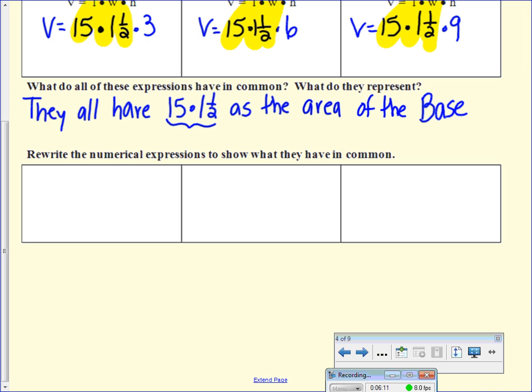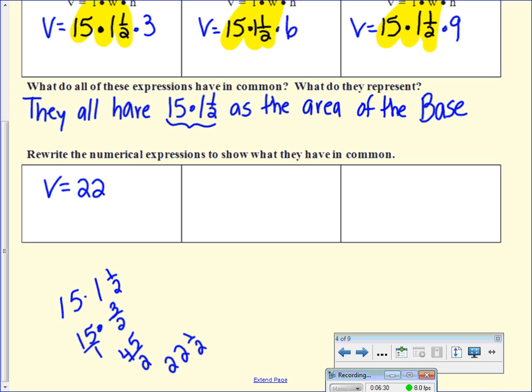What is 15 times 1.5? So 15 times 1.5, 15 times 3 over 2. So that's 45 over 2. So it's 22.5. So I know that the volume of the first one is 22.5 times 3.